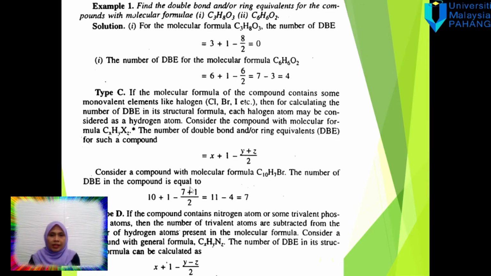We see what the 1 here is: it is the number of halogens present in our molecule. In this case, there is 1 bromine, that's why it is added with 1. If halogen is present in the molecule, we have to add it in the DBE formula. 7 plus 1 is divided by 2, so the total DBE becomes 7.